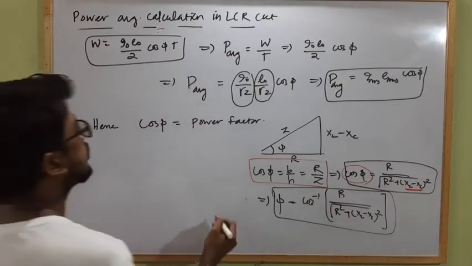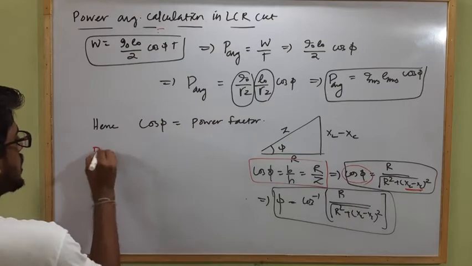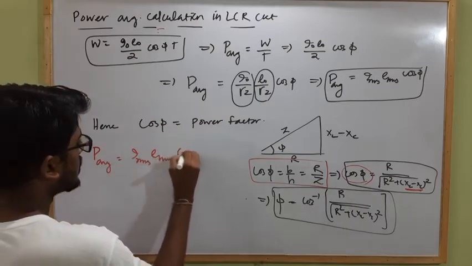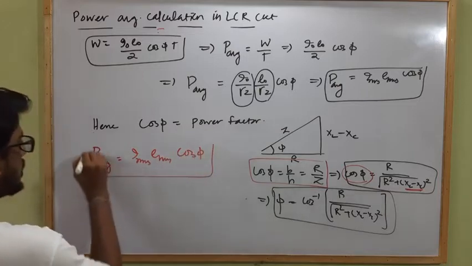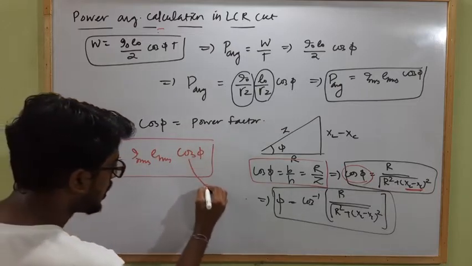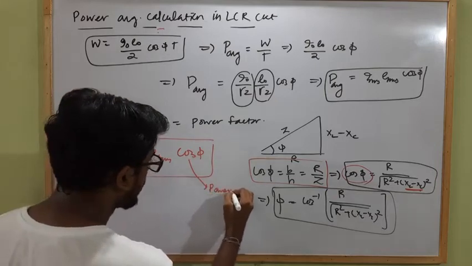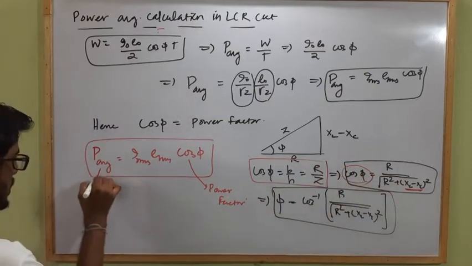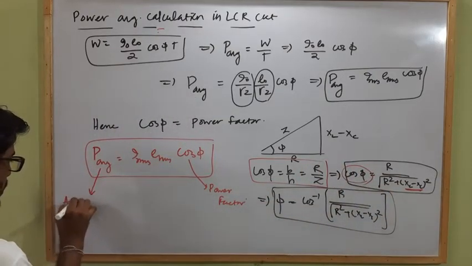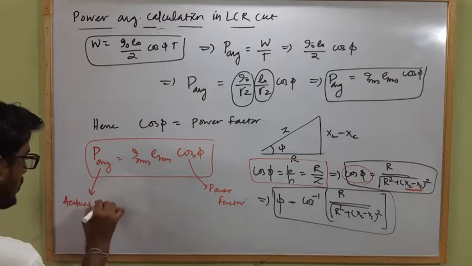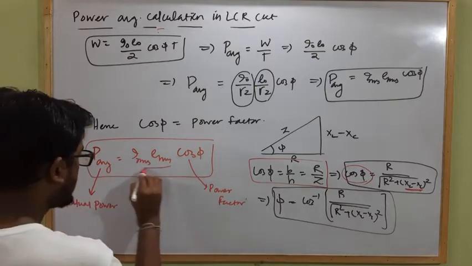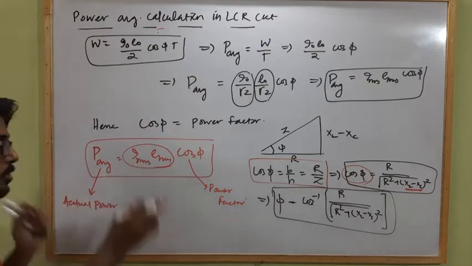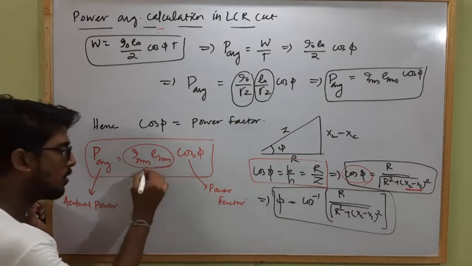So from this relation we get P average equal to IRMS into ERMS into cos phi. Okay, this is the relation, and here this cos phi is known as the power factor, which depends upon these quantities, and this P average is known as the actual power of the LCR circuit, and this ERMS into IRMS, that is V into I. So what is VI? This is also power. This is known as apparent power.